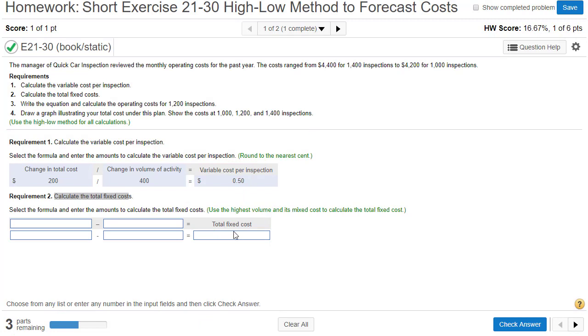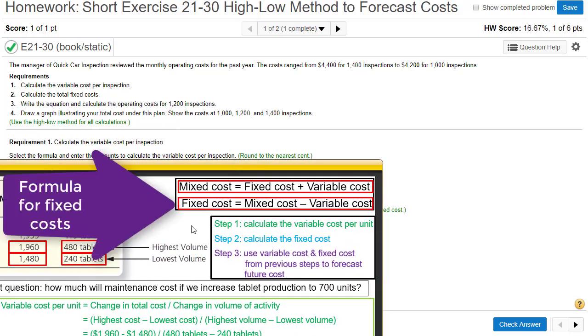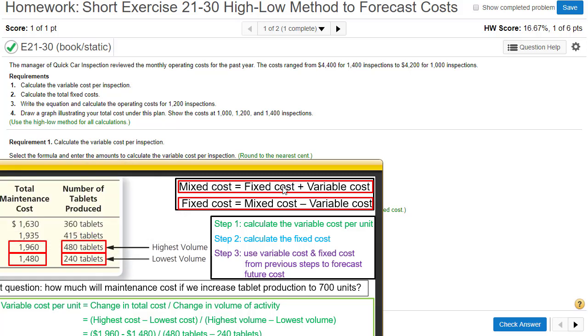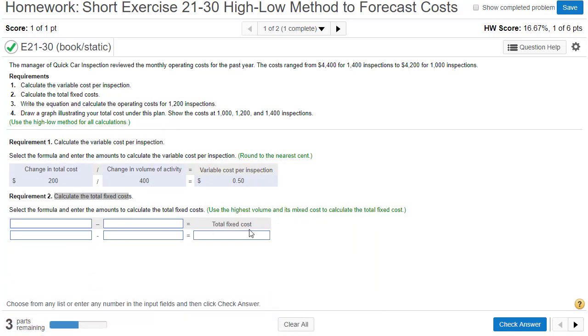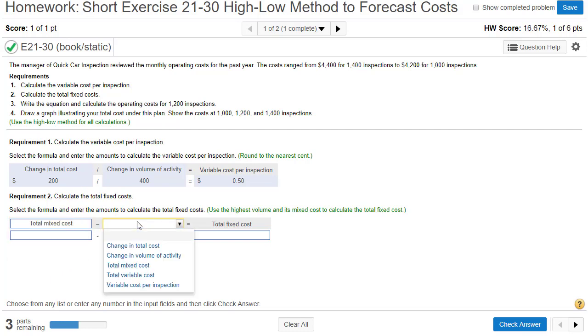So the first thing they want us to do is to write the equation of total fixed cost. Again, fixed cost is mixed cost minus variable cost, which is just this formula here, rearranged algebraically as we showed you in the slides. So fixed cost equals mixed cost minus variable cost.